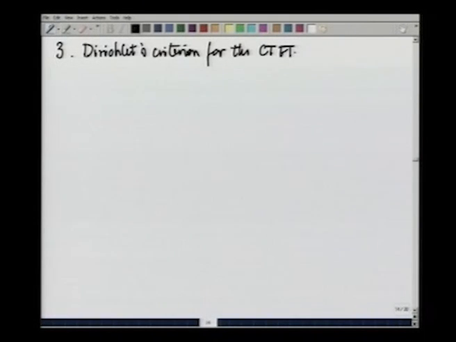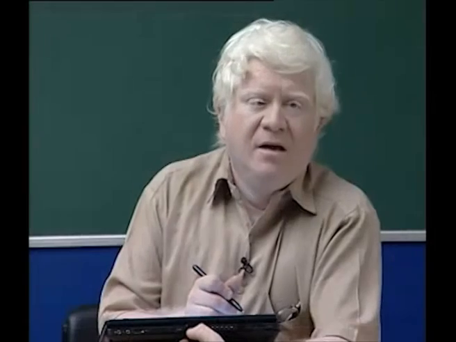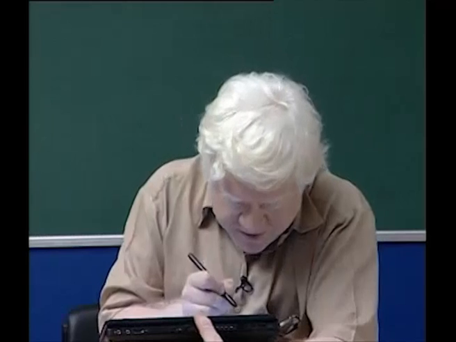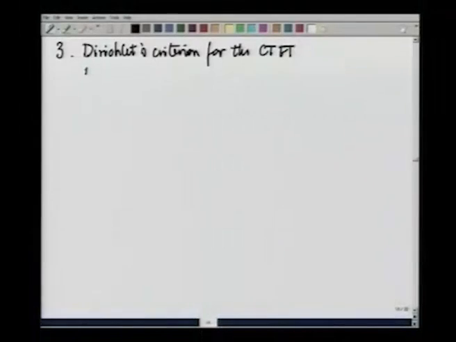The Dirichlet's condition for the Fourier transform is the following. It sets 3 Dirichlet's constraints on the signal that is to be transformed. I will call these D1, D2 and D3.